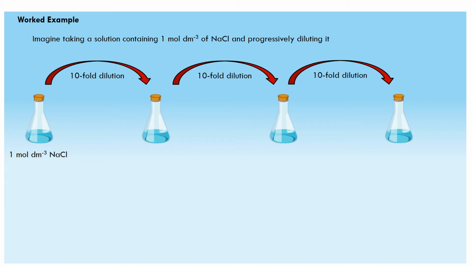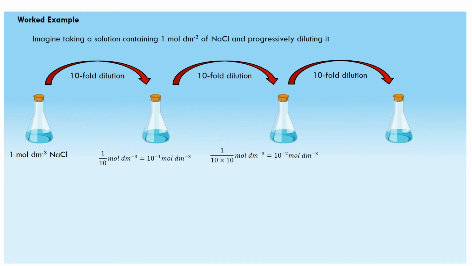We dilute it by tenfold in each step. Well, in the first instance, I've performed a tenfold dilution. I've divided my initial concentration by 10, and I can represent that as a power. My base is 10 and my index is -1. That tells me, again, that there's only one instance of 10 in my fraction.